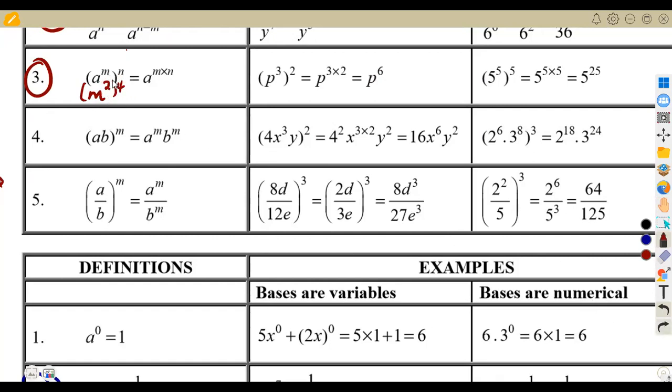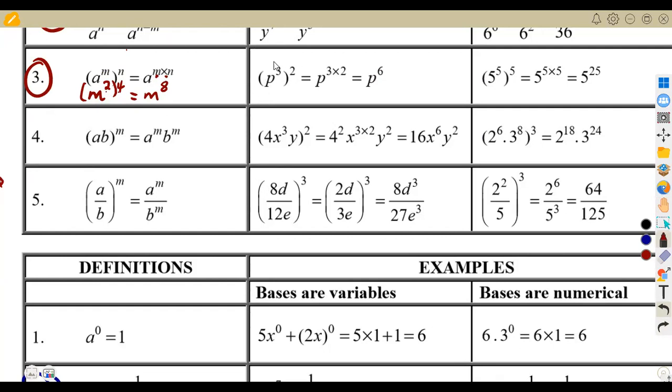So we are saying the whole power, this one, is being raised to an exponent. So what do you do? You simply multiply your exponents. M times n, that's 2 times 4, which is going to be 8. So you're going to obtain m to the exponent of 8.